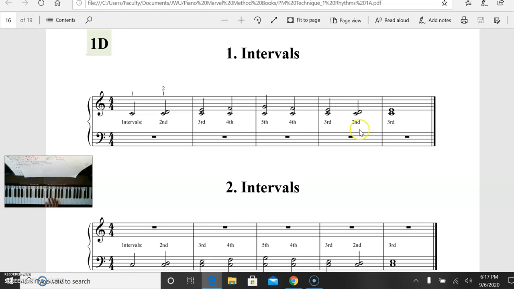Alright? And then they have this exercise in the left hand. It's the same idea. So again, just listen to how the intervals sound a little bit different from each other.